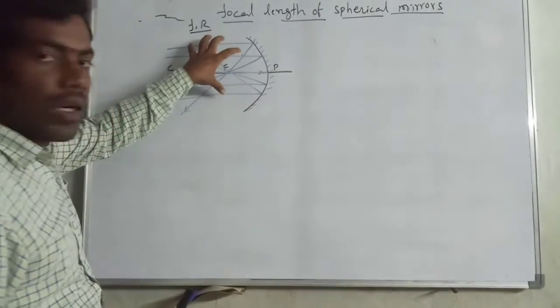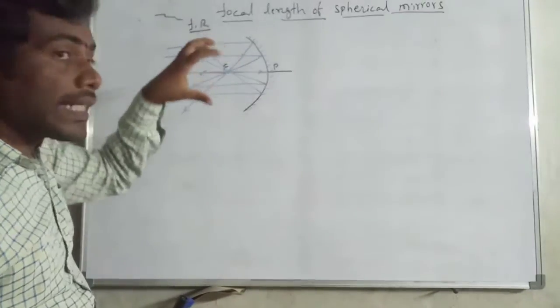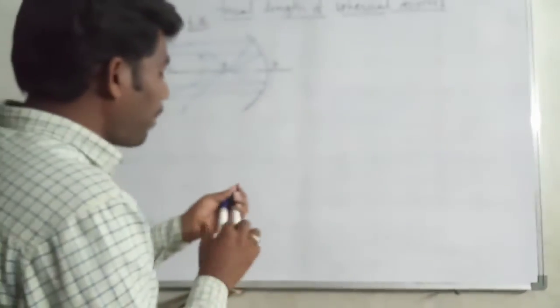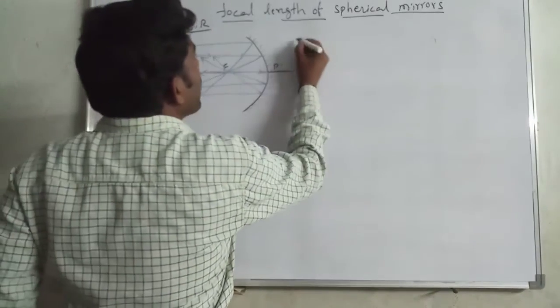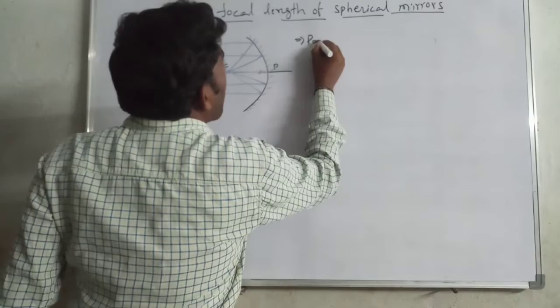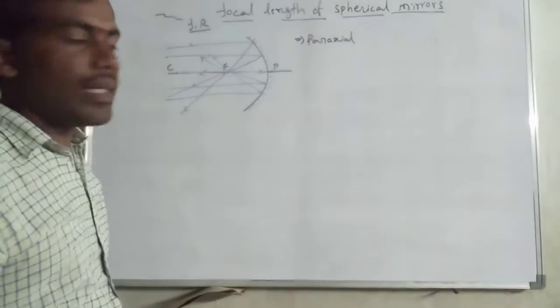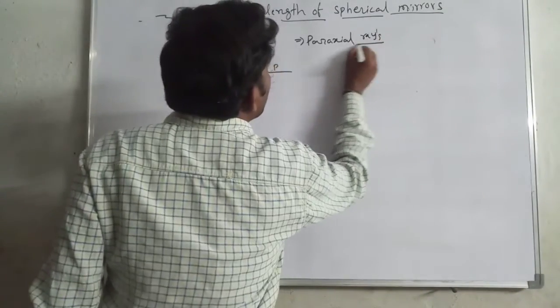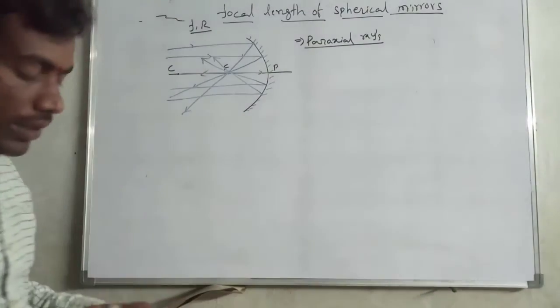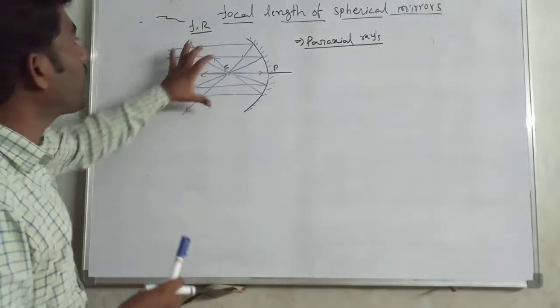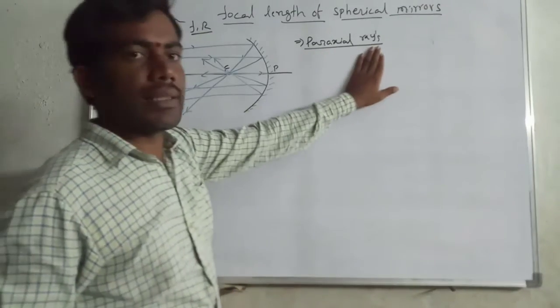You are assuming that these rays are paraxial rays. Paraxial rays. This term is most important. These rays we have assumed are paraxial rays.